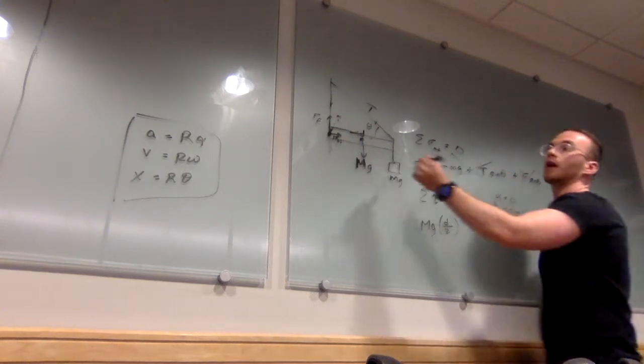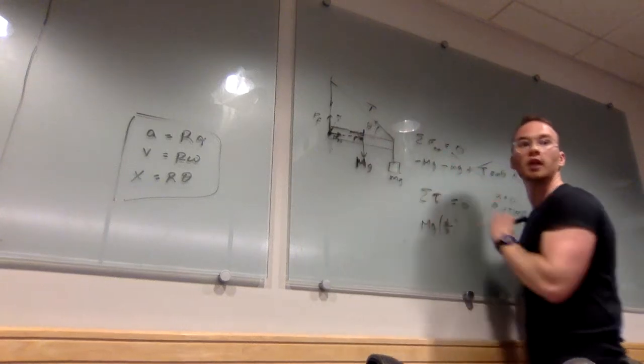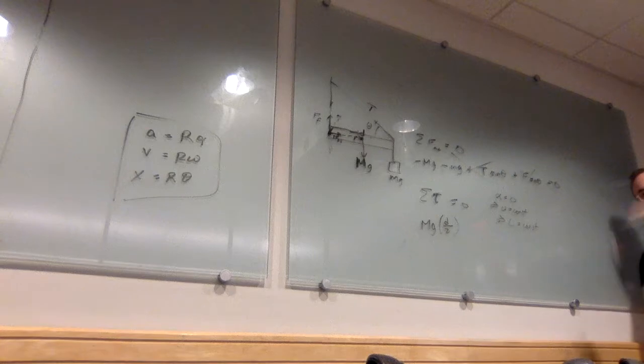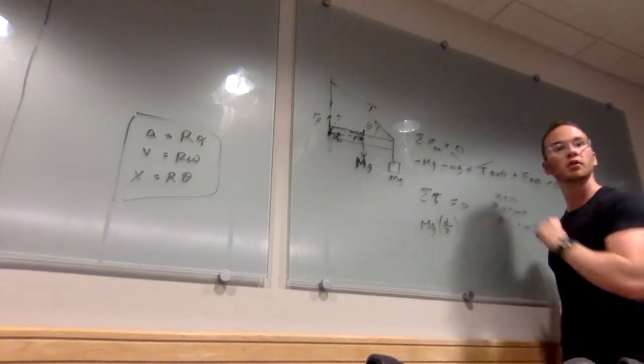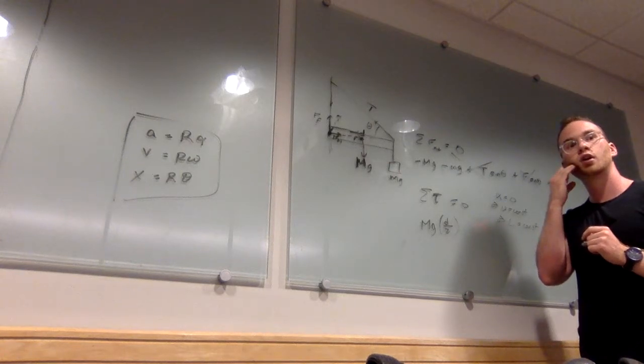R is the vector, technically, from the point that we're considering the torques around to the point where the force is applied. But, yeah. R is the difference between where you are and the center of mass?